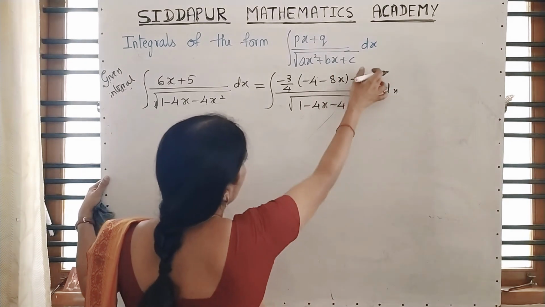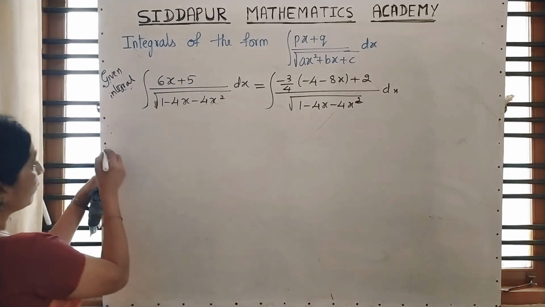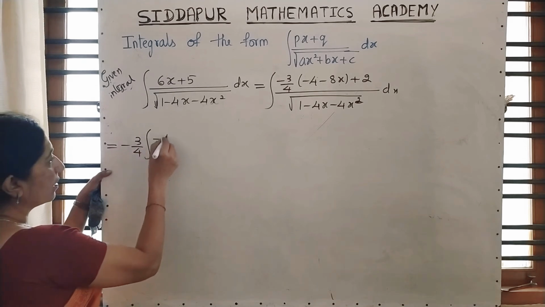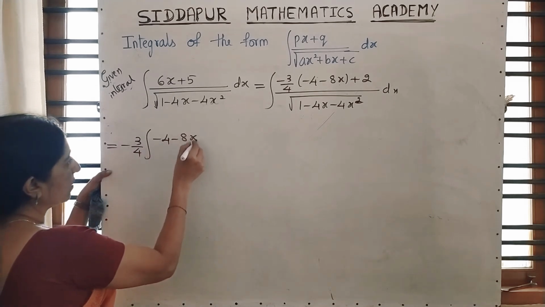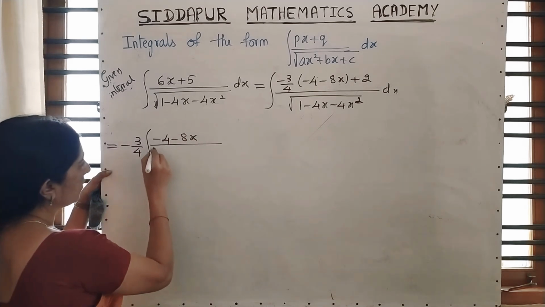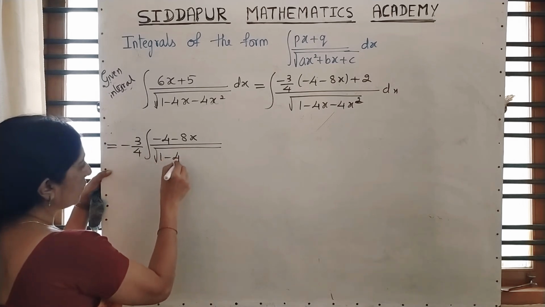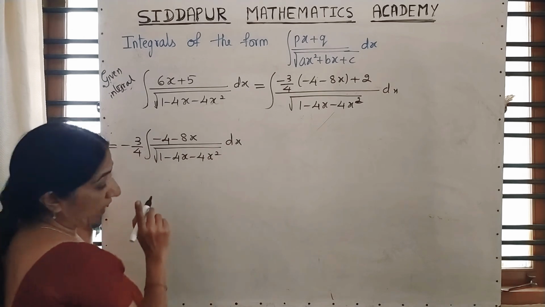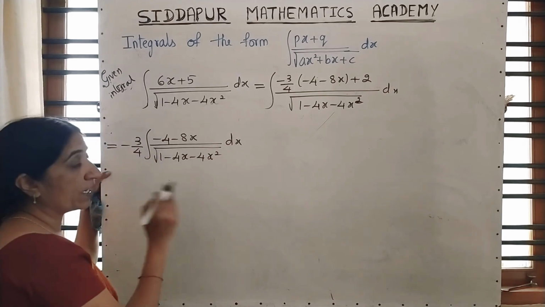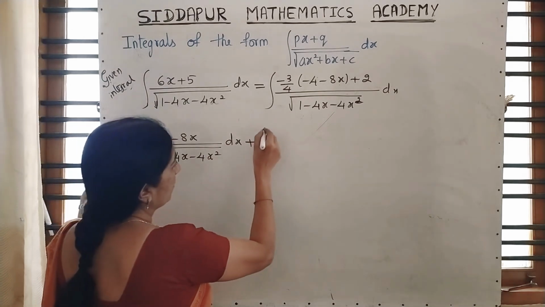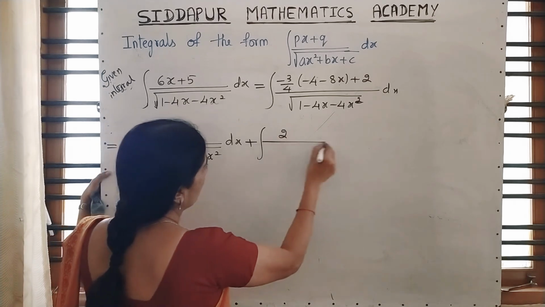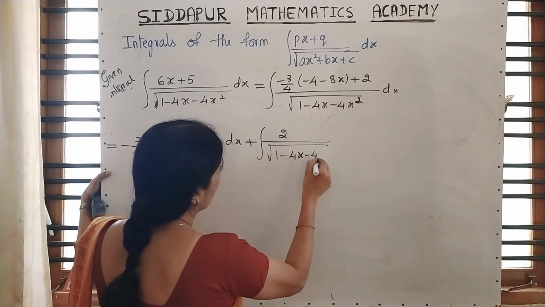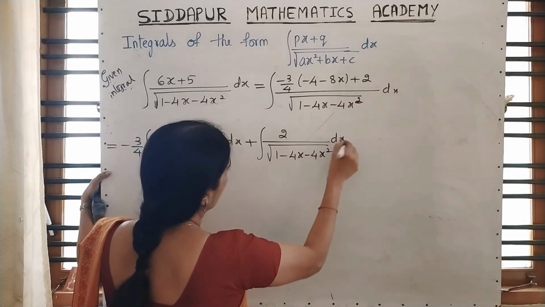Write down the denominator for each term separately. Already you are familiar. Minus 3 by 4 into (minus 4 minus 8x) divided by root of (1 minus 4x minus 4x square) into dx. At the same time, I take the denominator and integration separately. Plus 2 upon root of (1 minus 4x minus 4x square) into dx.